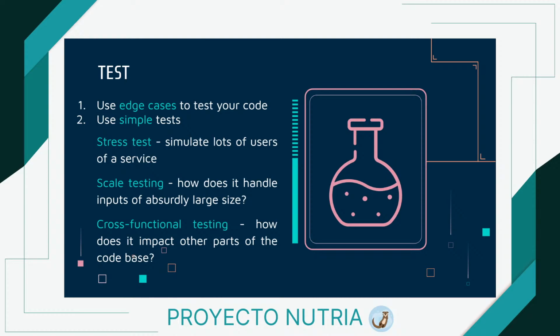The second point is you need to test using simple tests. Why simple tests? If you test with a very long test, you'll get in trouble in terms of time, because you need to test all your code step by step. Also, you don't need to write unit tests.